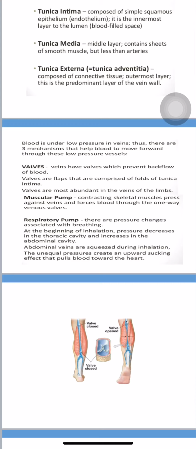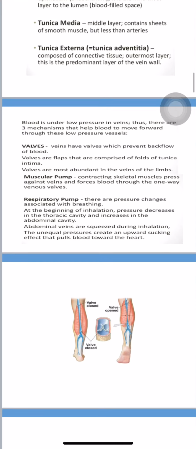So the abdominal veins are squeezed during inhalation, and the unequal pressure creates an upward sucking effect and pulls the blood towards the heart. So these are the three mechanisms which help blood move forward through these low pressure veins.